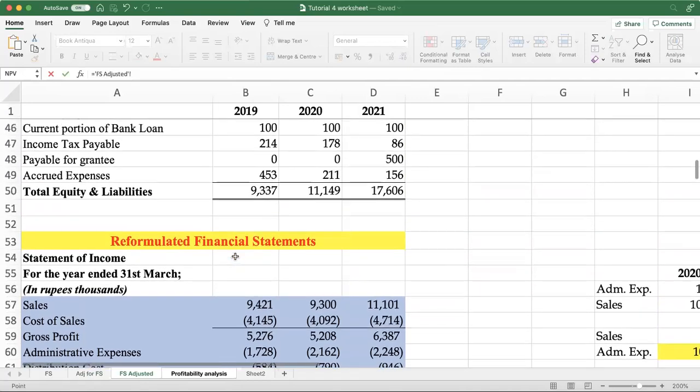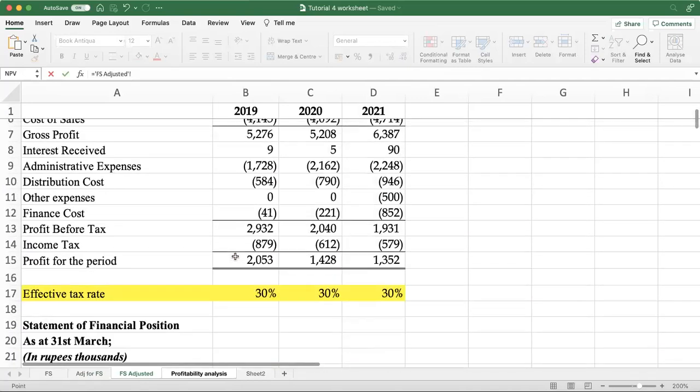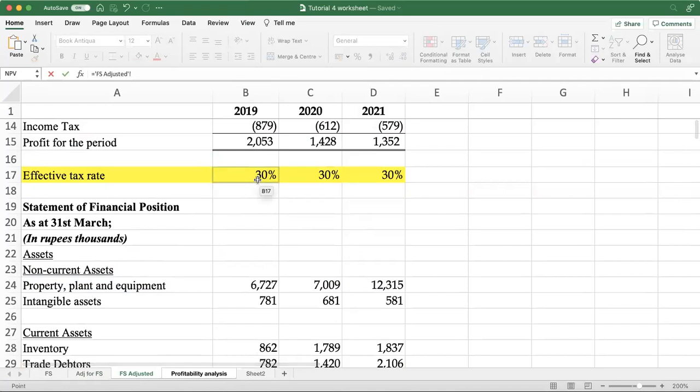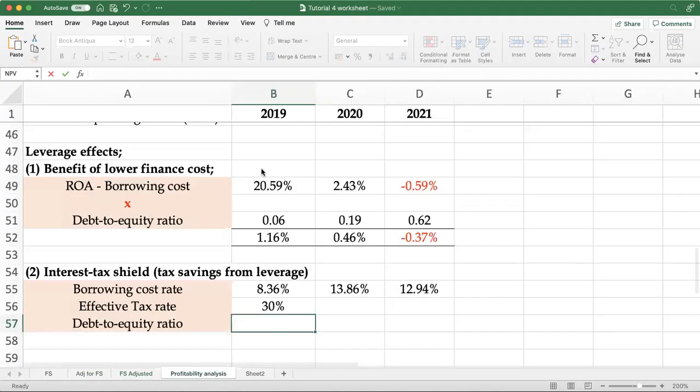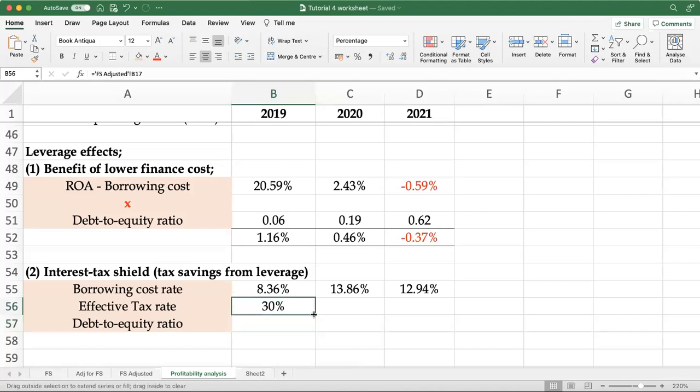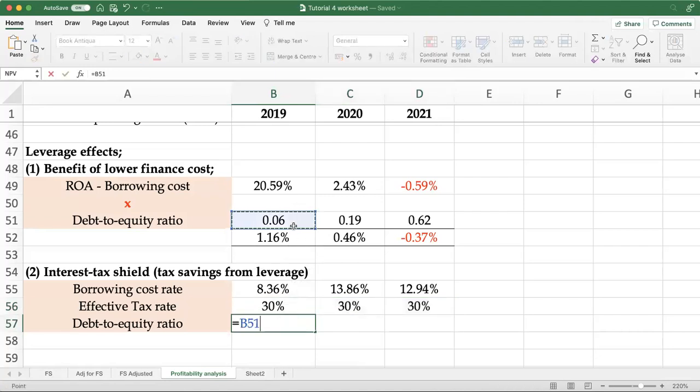Don't type 30%. You link the value: equal, you put that cell reference. Then the debt to equity ratio, we calculated earlier.